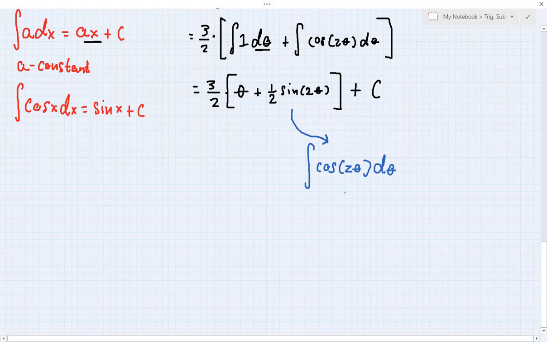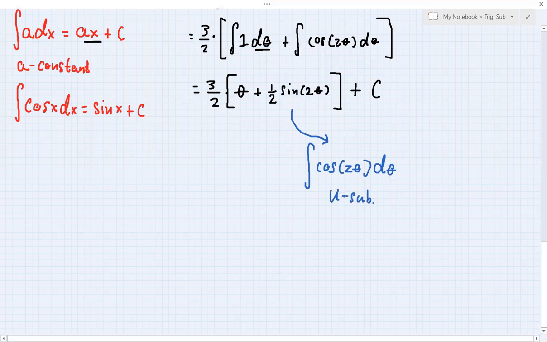So dito, it is a composite function. Hindi siya common function, just like what I said. So we're going to use U substitution. Ang goal ng U substitution, okay, is number 1, hanapin mo muna kung sino si U. Number 2, hanapin mo yung du or derivative ng U mo.